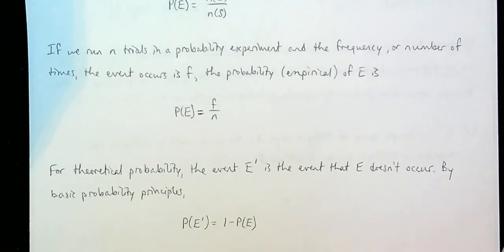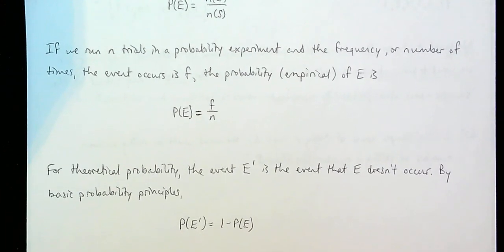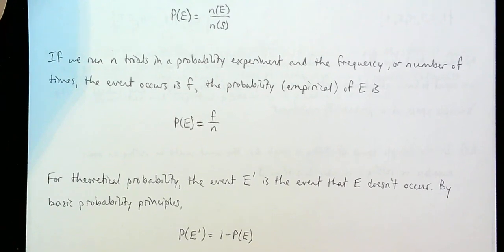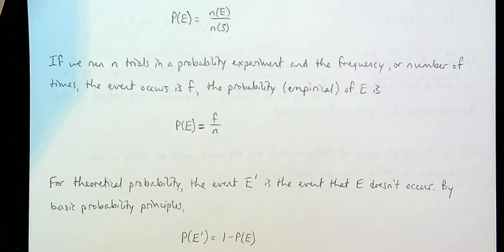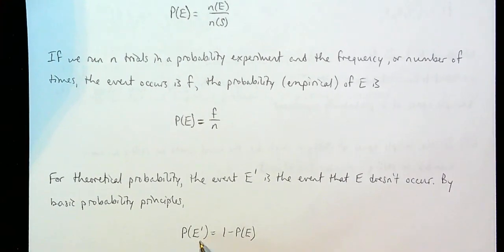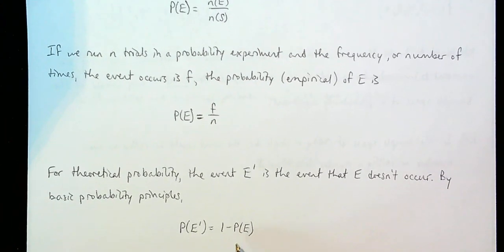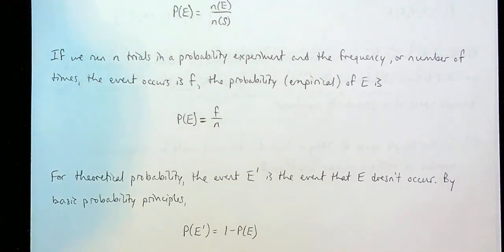And for theoretical probability, some notation and a nice little calculation. The event E prime is the event that E does not happen. Using our basic probability principles, P of E not happening, or P of E prime, has to equal 1 minus P of E. In the sample space, for a particular event, capital E, either E happens or E does not happen.